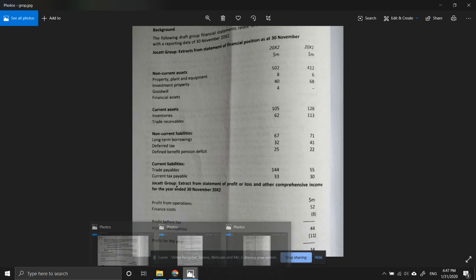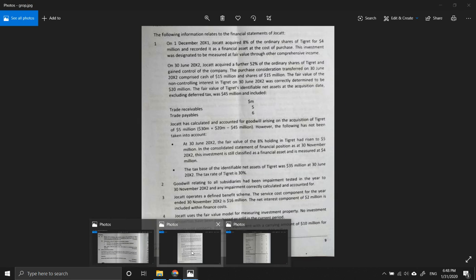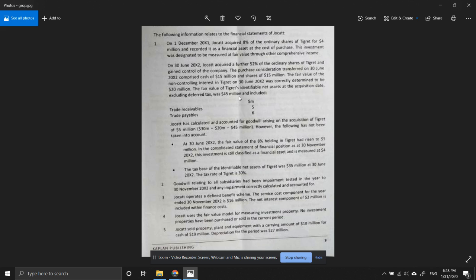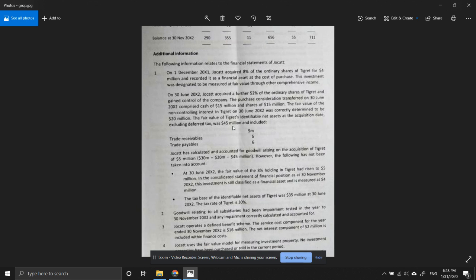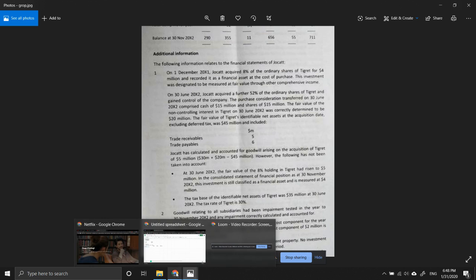So we are not given it over here, but we've been given it over here, right? Okay, net assets excluding deferred tax was 45 million, and it included this item as well, receivables and payables.